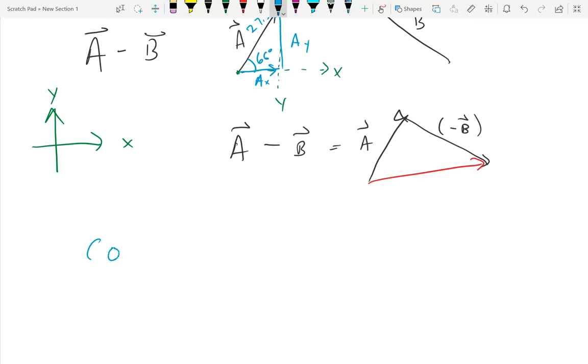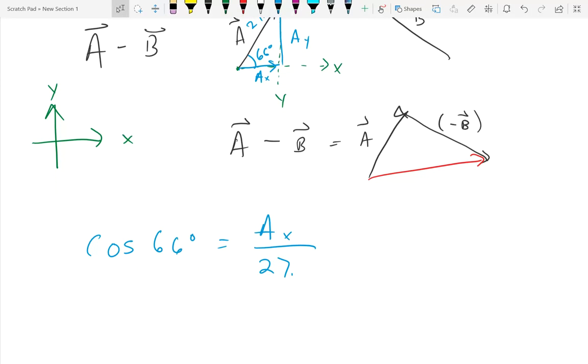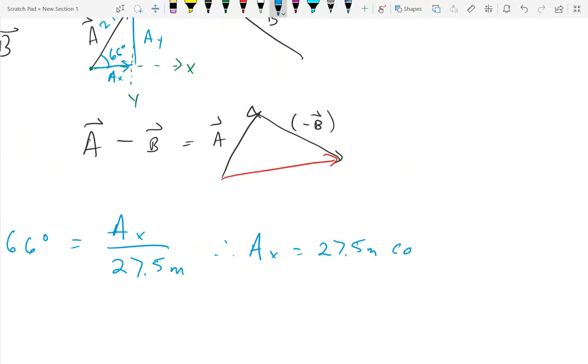So cosine of 66 degrees is equal to my adjacent side A sub x over the hypotenuse 27.5, I believe it was, yeah. Well, we know everything in there. A of x is equal to 27.5 meters cosine of 66 degrees.